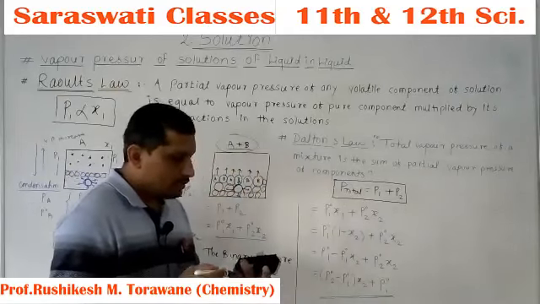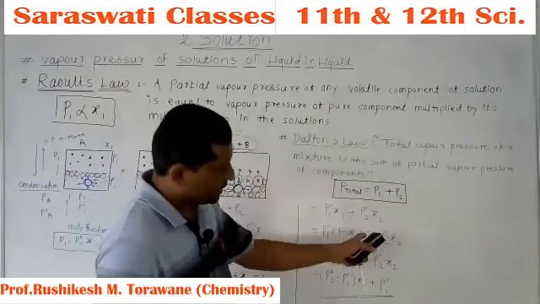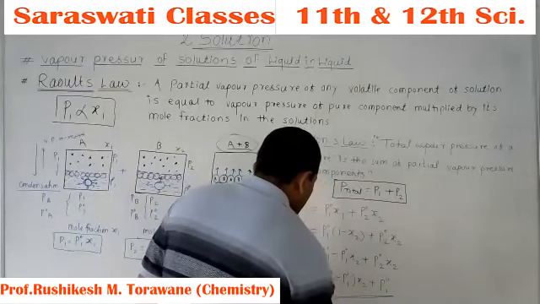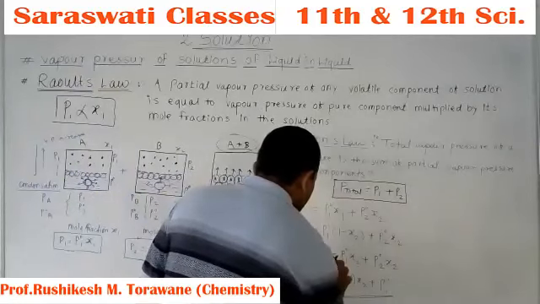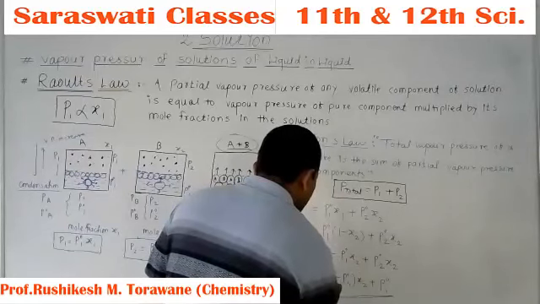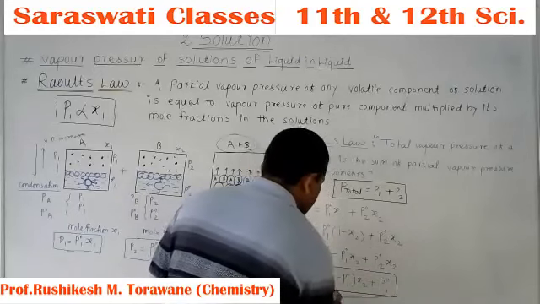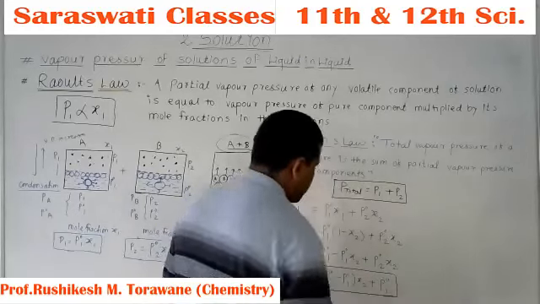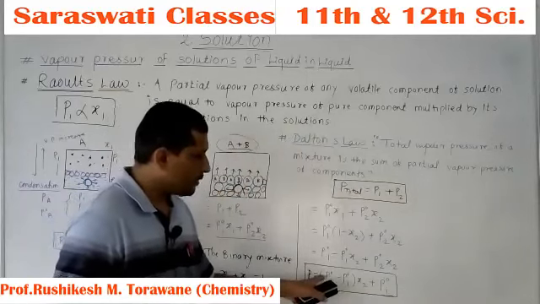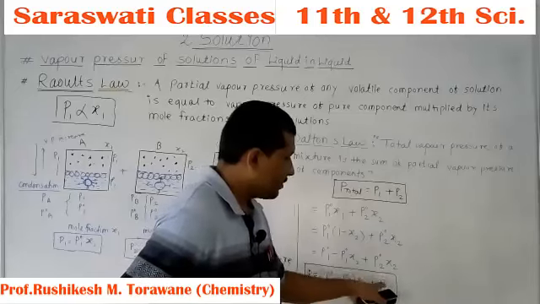It is essential to number these equations. So the partial vapor pressure is P equals (P naught 2 minus P naught 1) times x2 plus P naught 1.